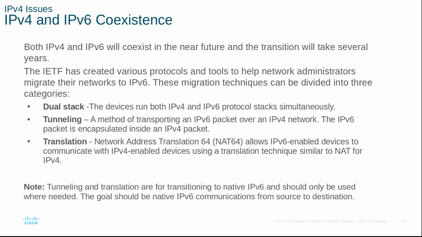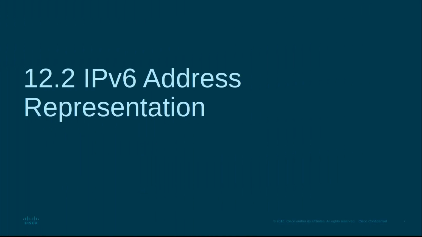And they also came out with NAT64, which is NAT for IPv6, and it allows devices with IPv6 addresses to communicate with devices with IPv4 addresses using translation similar to NAT for IPv4. It's just for IPv6. But these are transitioning tools, right? The goal is to move everything to native IPv6 and drop IPv4. And I don't know if we're ever going to reach that goal, honestly. We'll see. It's going to take some time and some work.